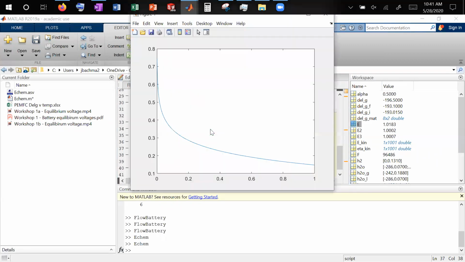So let's calculate the kinetics now. All right, so this is a little bit more reasonable. So if I did 1,000, that's going to get me down to alpha n. I'm surprised how high these are.